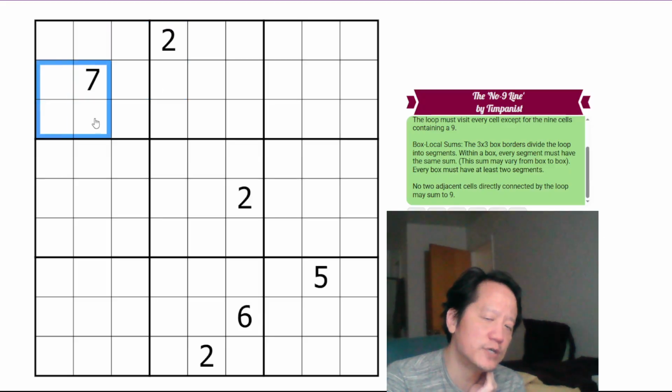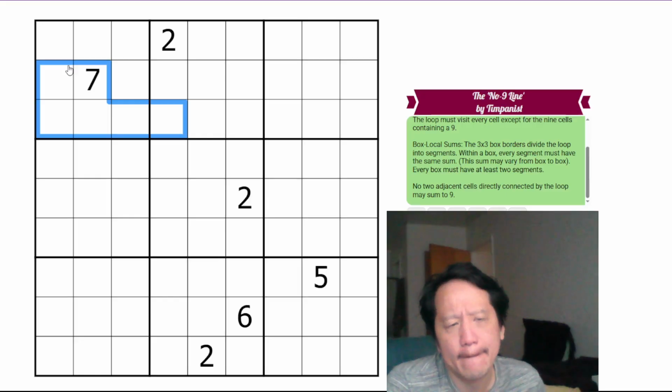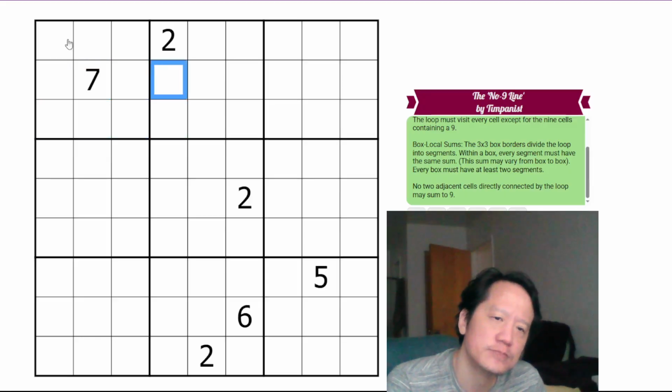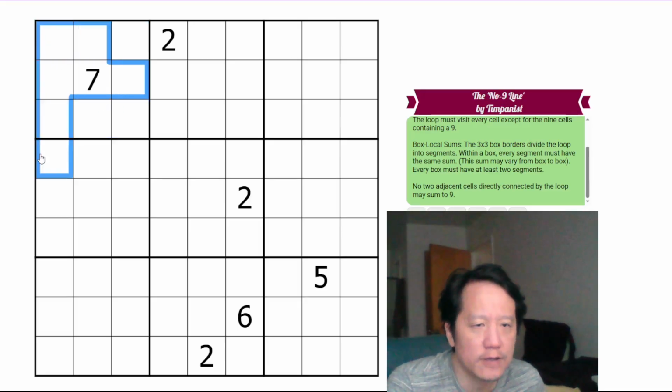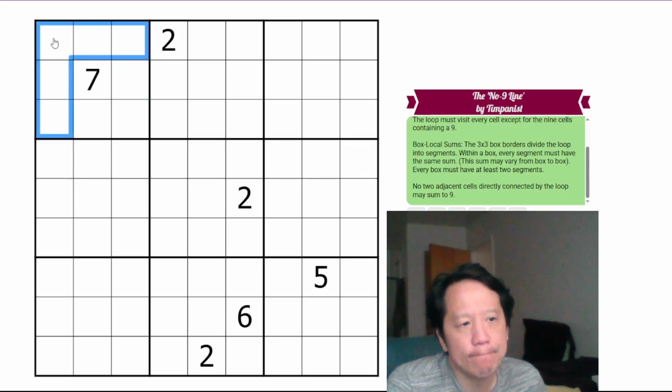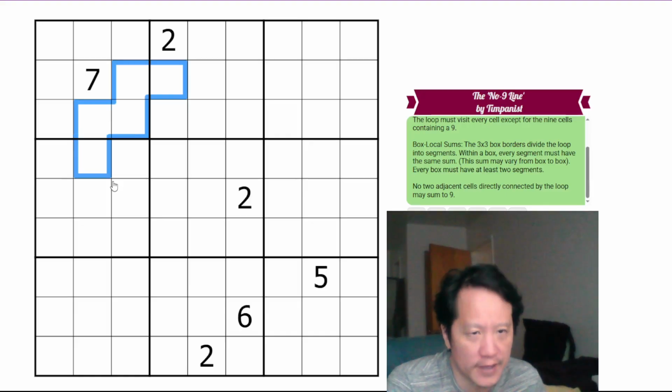You would have to do something like, say, it just doesn't work, right? So if we don't have 9 in the corner, it has to go that way. It can't do any other funky thing. So if we don't have 9 in the corner, it's that, and then that, or that.